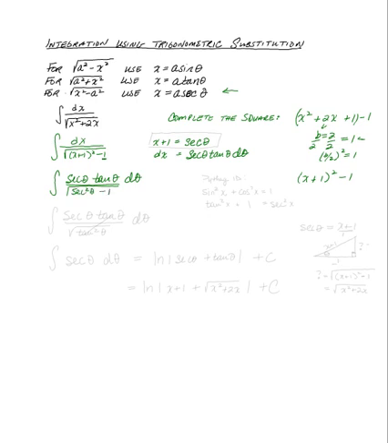Now, again, to replace the secant squared theta minus 1, what we're doing is we're using one of the forms of the Pythagorean identity. So our Pythagorean identity, if you remember, is sine squared x plus cosine squared x equals 1. So to get the right form, I need to divide through by cosine squared to make a secant.